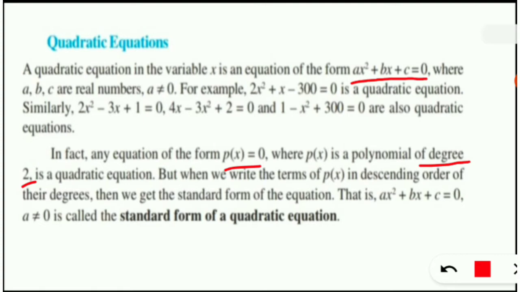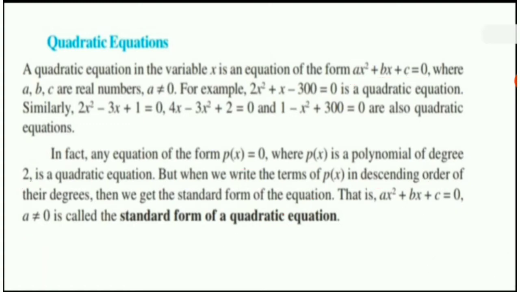But when we write the terms of p(x) in descending order of their degrees, then we get the standard form of the equation, that is ax square plus bx plus c equals to 0, where a not equals to 0 is called the standard form of a quadratic equation. Clear? So standard form of a quadratic equation is ax square plus bx plus c equals to 0, where a not equals to 0. Clear?